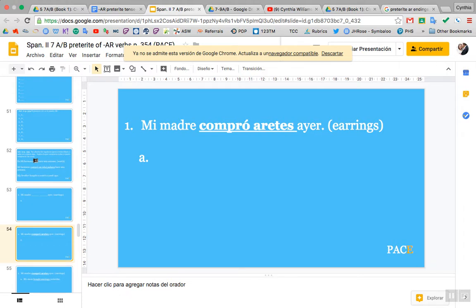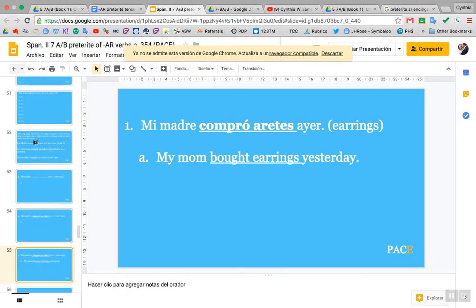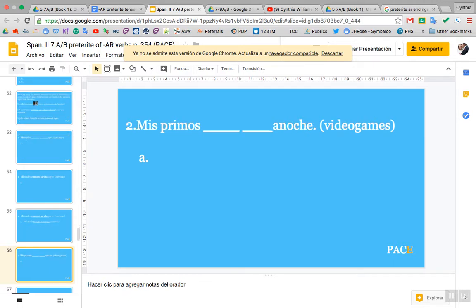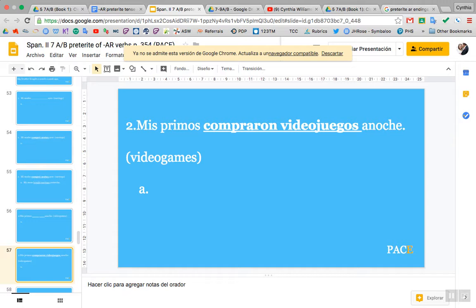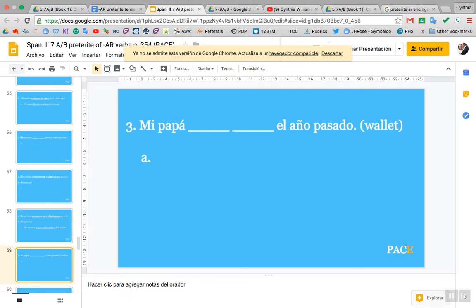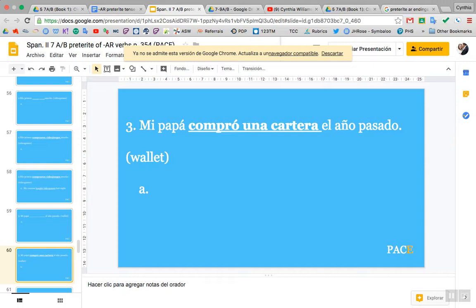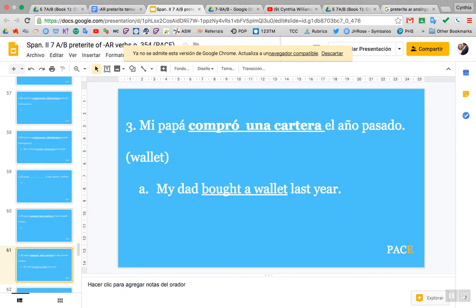Mi madre compró aretes ayer. My mom bought earrings yesterday. Number 2. Mis primos compraron videojuegos anoche. My cousins bought video games last night. Mi papá compró una cartera el año pasado. My dad bought a wallet last year.